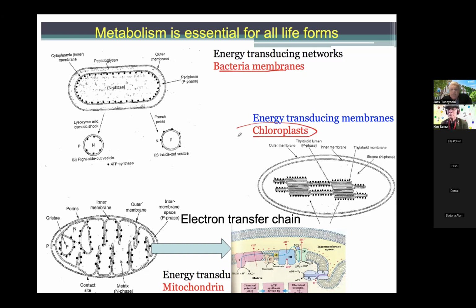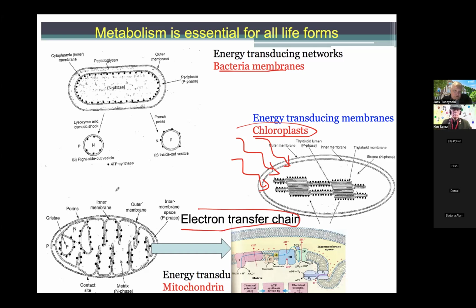In this case the energy is that of photons, light, and it's harvested, funneled and used for the production of glucose in the process of photosynthesis. In higher animals, we have the complex situation with mitochondria.